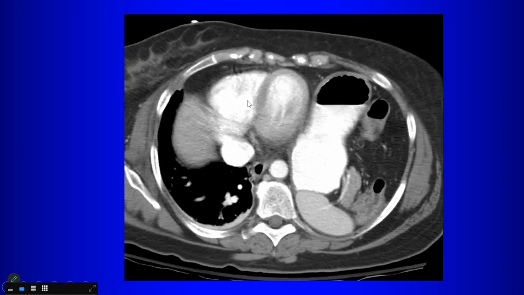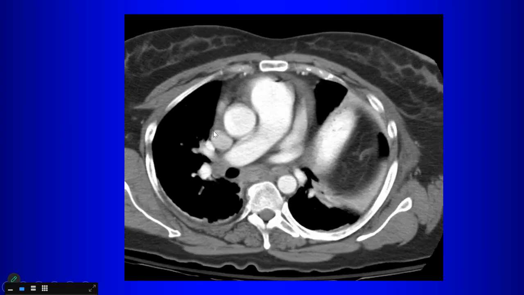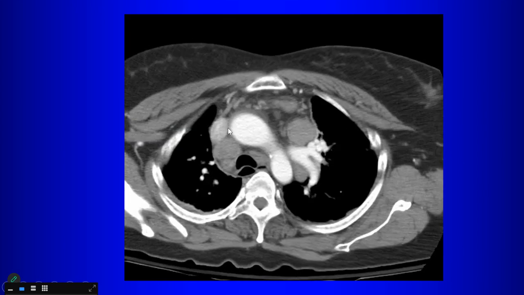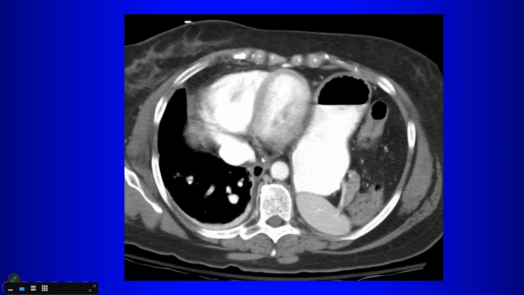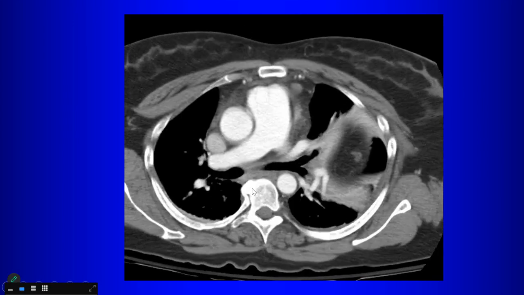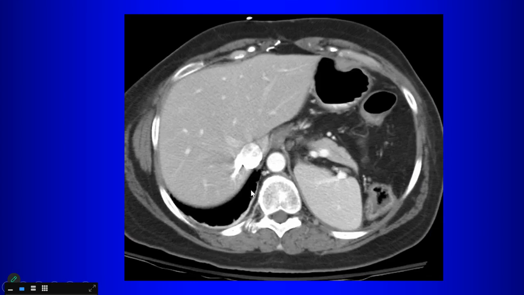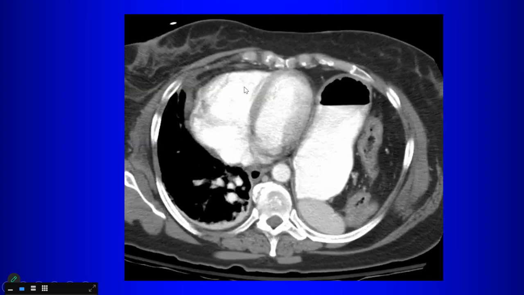So if we talk about now the atrioventricular connections, are they concordant or discordant? Concordant. You have a morphologic right atrium connected to a morphologic right ventricle. You have a morphologic left atrium connected to a morphologic left ventricle. Right? Well, now let's look at the outflow. That morphologic right ventricle, this guy, is connected to what?